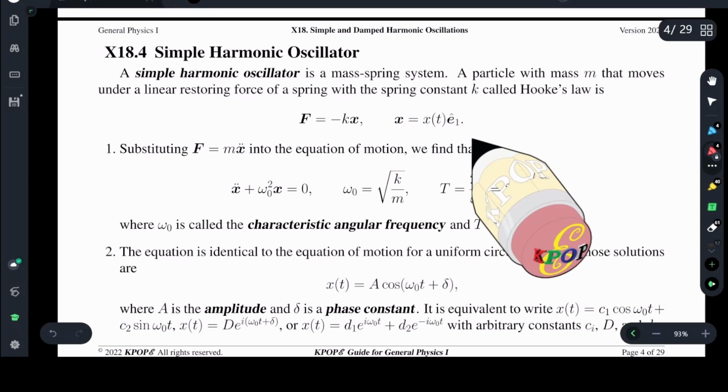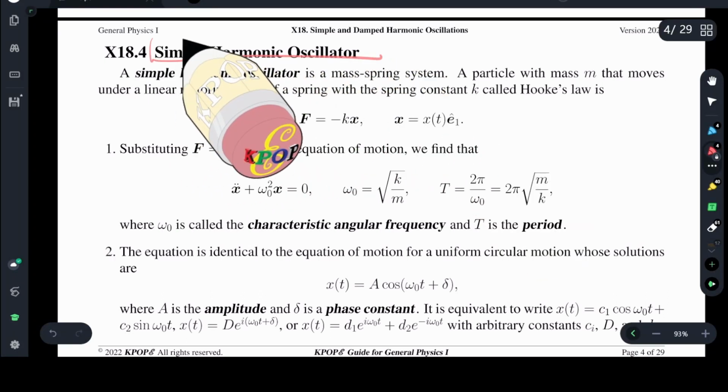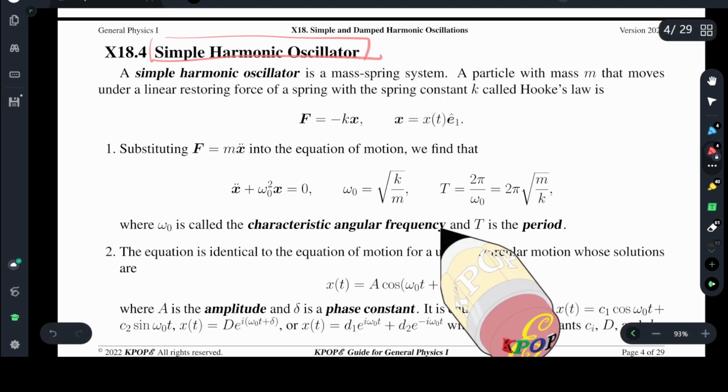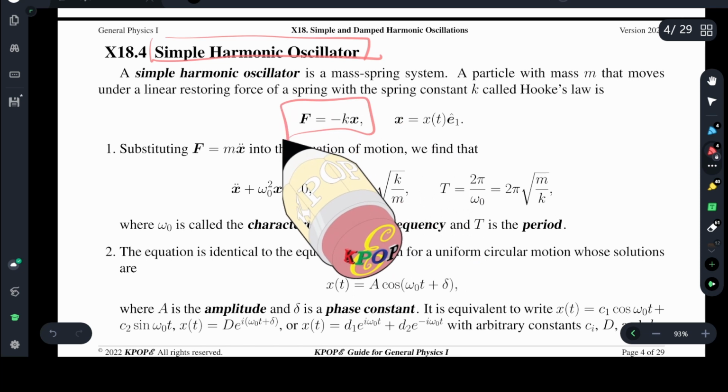Let's return to the main theme, simple harmonic oscillator of this section. We have derived that the equation of motion for the simple harmonic oscillator in two dimensions is exactly the same as the equation of motion for a uniform circular motion.